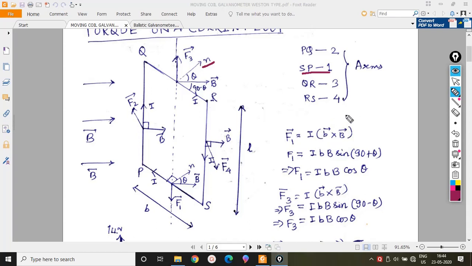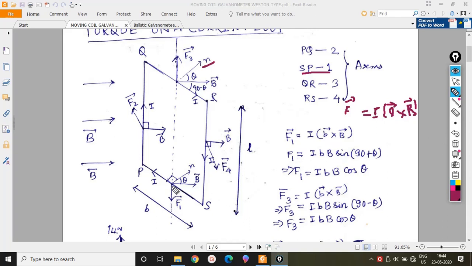You know the formula: vector F equals I L cross B, where L is the length vector, crossed with the B vector.